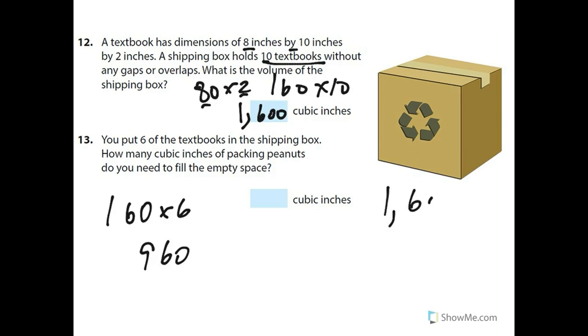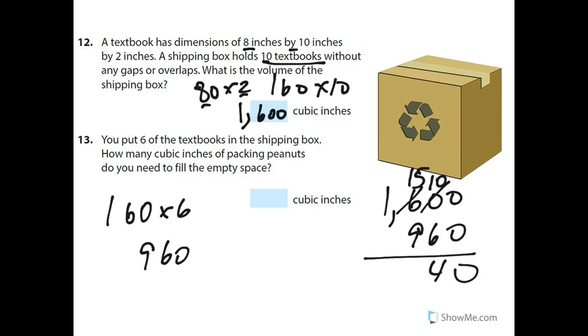Yeah, we need to subtract it from 1,600. So 0, 4, 15 minus 9 is 6, so 640 cubic inches. Hopefully a lot of you got that. You paid attention to what you were needing to do.